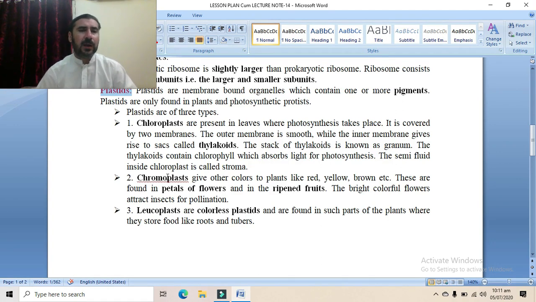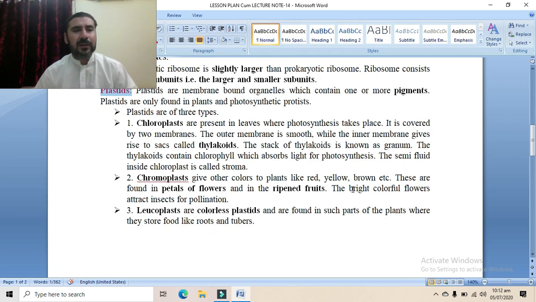These bright colorful flowers attract various insects for pollination. How does this happen? Whenever these flowers attract insects, the insects take nectar, juice, from the flower, and whenever they move back from the flower, pollen grains stick to their body.